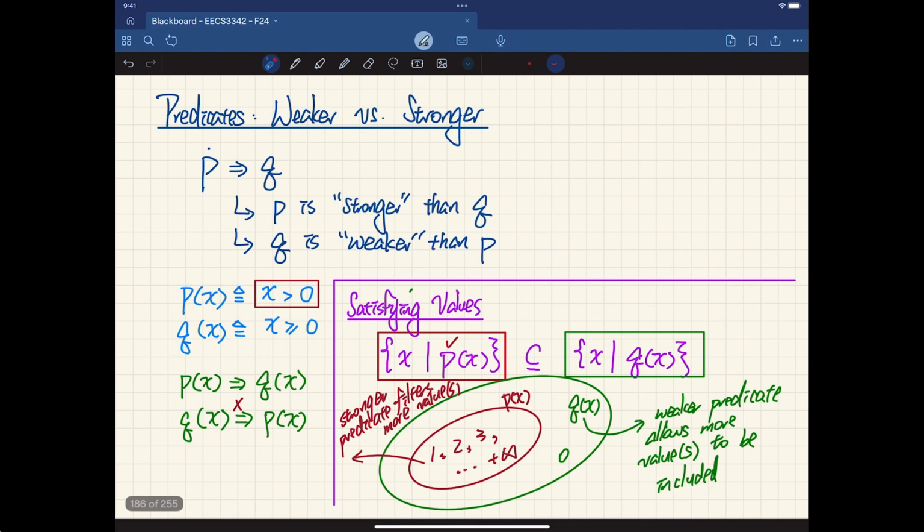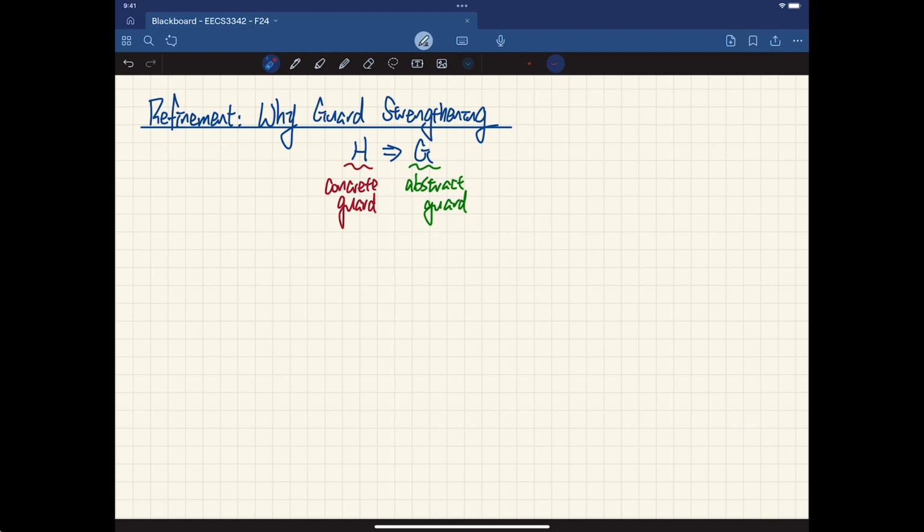But let me go back to this page to understand why H implies G. That's important, all right? So there are several things I would like to say. Number one, what's the principle?